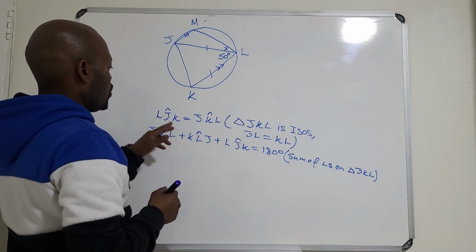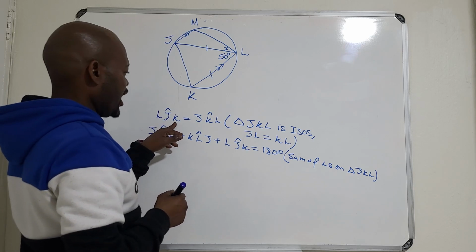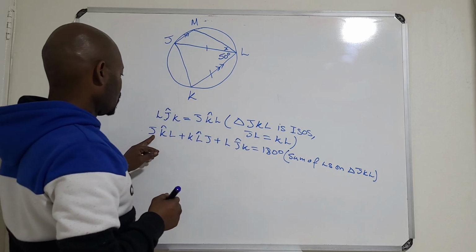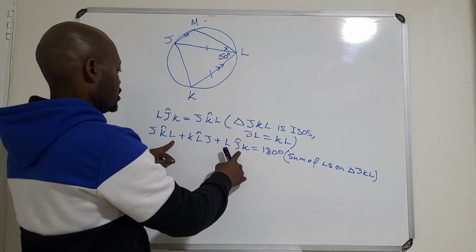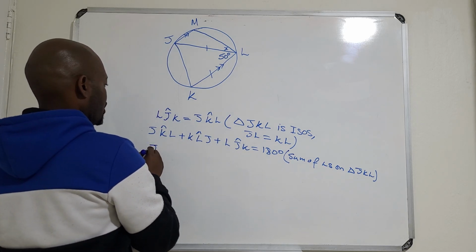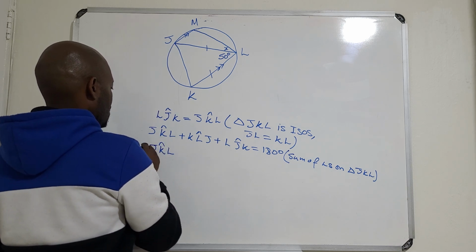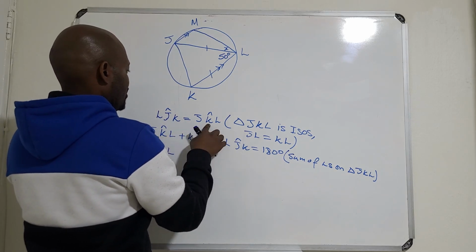Now, we know that angle LJK is equal to angle JKL, so these two are the same.